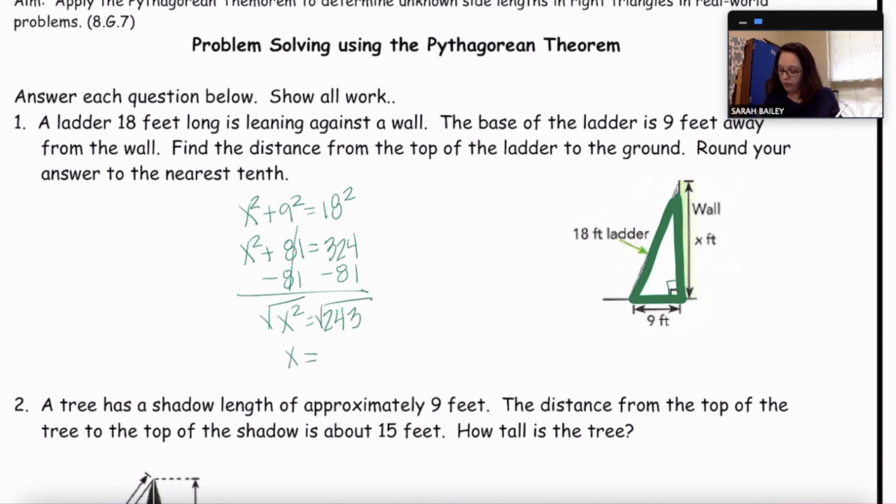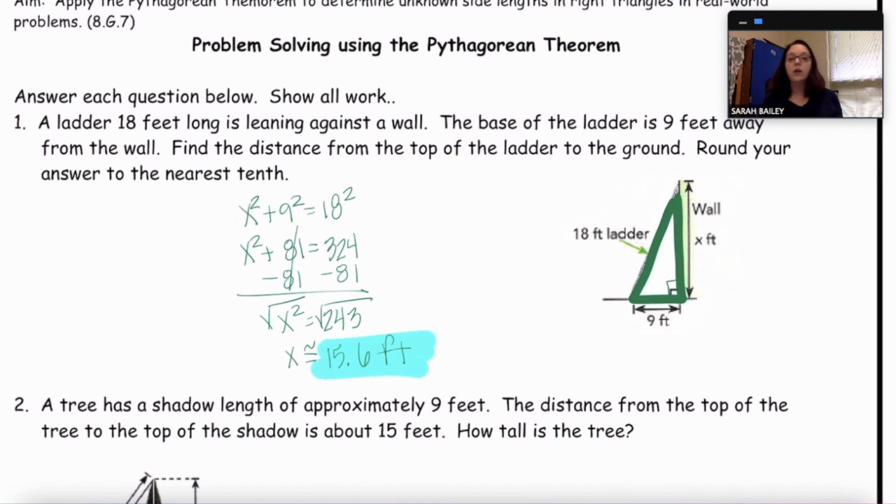So when I do the square root of 243, I'm going to get an irrational number. So I'll hold it up there to the screen so you can see. And it says to round our answers to the nearest tenth if necessary. So that's going to be 15.6. The 8 would tell the 6 to go up. So about 15.6. And these measurements are in feet.